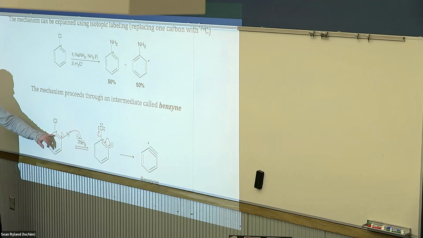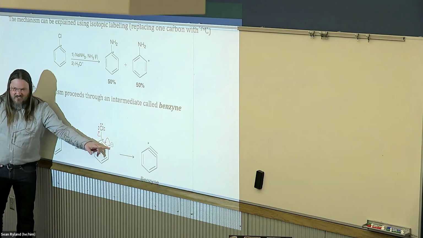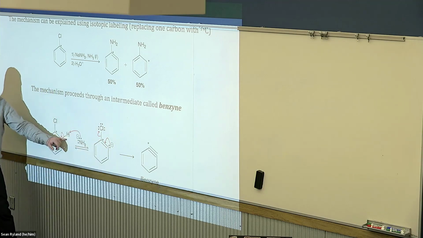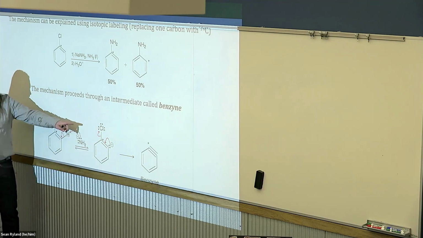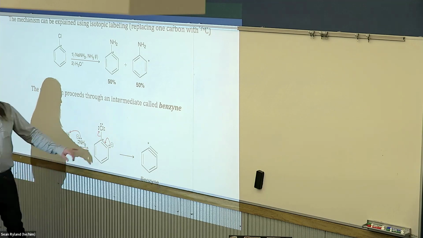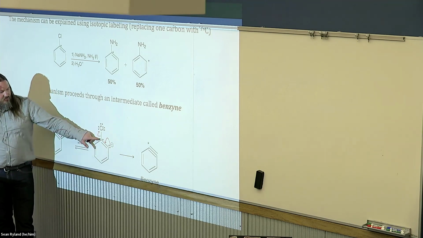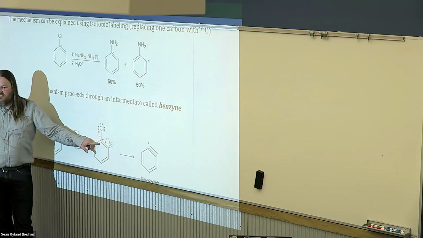So when you do that, you wind up with the extra pair of electrons after your base pulls off the hydrogen, similar to a lot of elimination mechanisms we've seen. And then your leaving group leaves. If that were all, we'd be left with a positive charge next to a negative charge. That's not very stable.